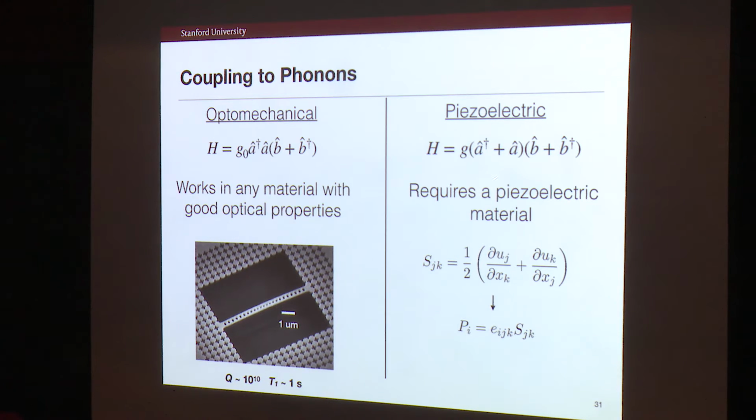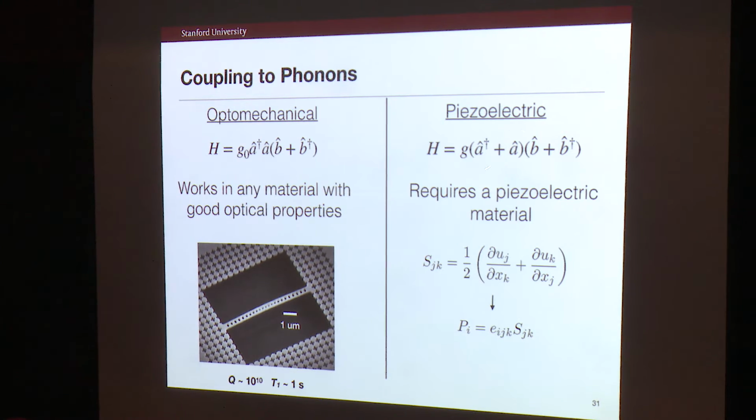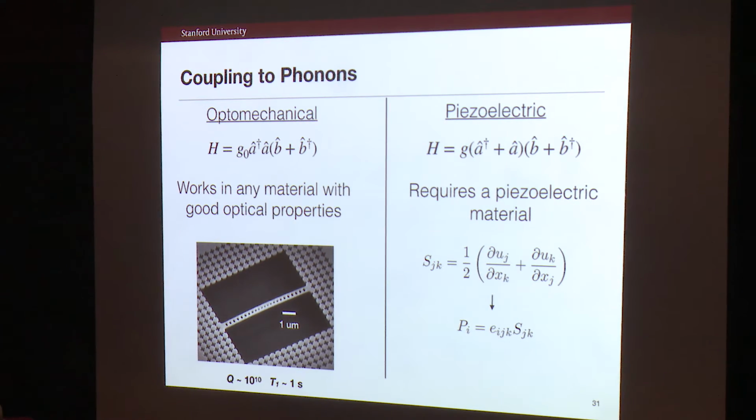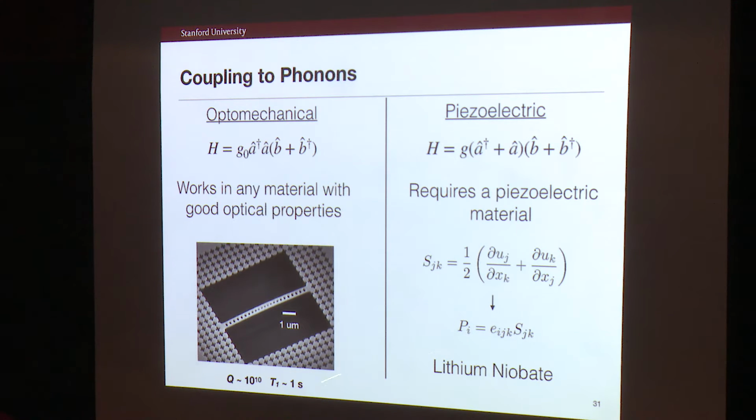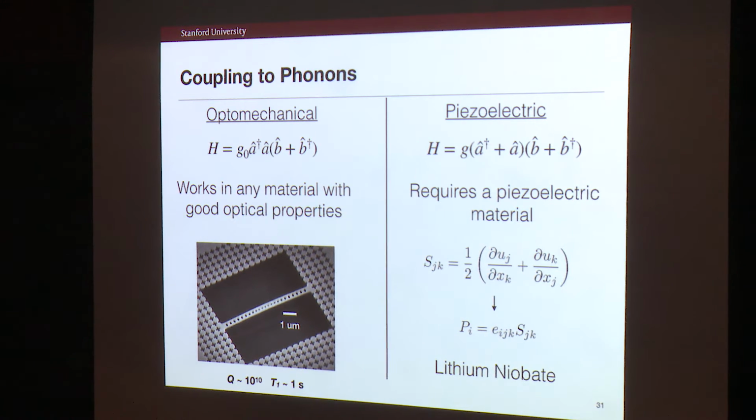On the other hand, for the piezoelectric coupling, where you're directly coupling to a qubit, you're looking for an XX or beam splitter type coupling. This needs a piezoelectric material where strain generates a polarization. For our work, we use lithium niobate. It's crystalline, has one of the largest piezoelectric coefficients, and we've figured out how to make structures out of it.